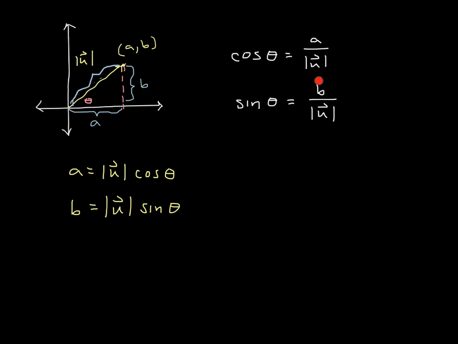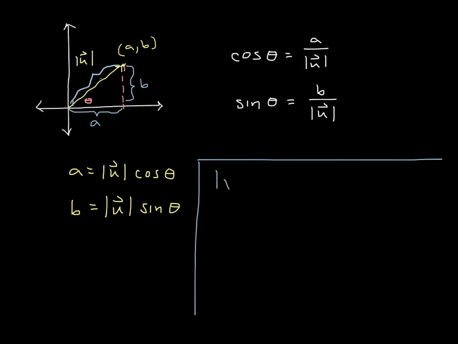So I'm going to get B over the magnitude of u. Now solving each of these for A and B, I will find that the horizontal component of our vector, A, is equal to the magnitude of u times the cosine of the direction angle. And the vertical component of our vector, B, is equal to the magnitude of u times the sine of our direction angle. Let's now take a look at an example.